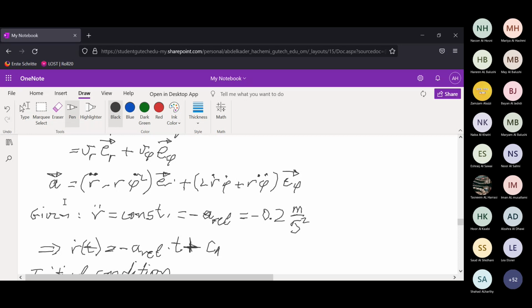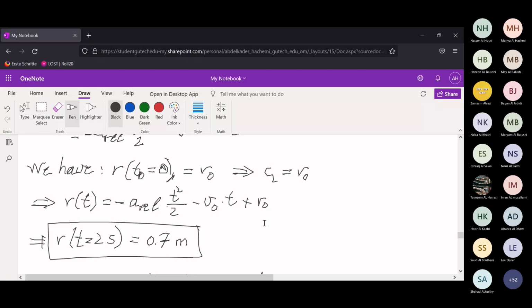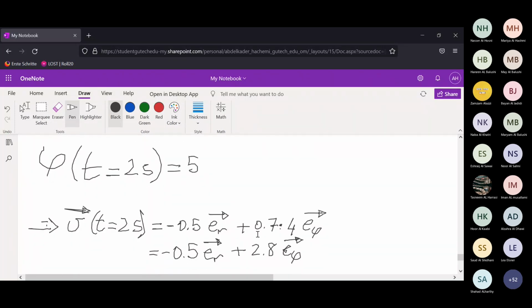Now, as I said, a is given by this equation here, and you have only to replace each value: r dot dot, r phi dot, r dot phi dot, phi dot dot. You replace each value at time t equal to 2 seconds.